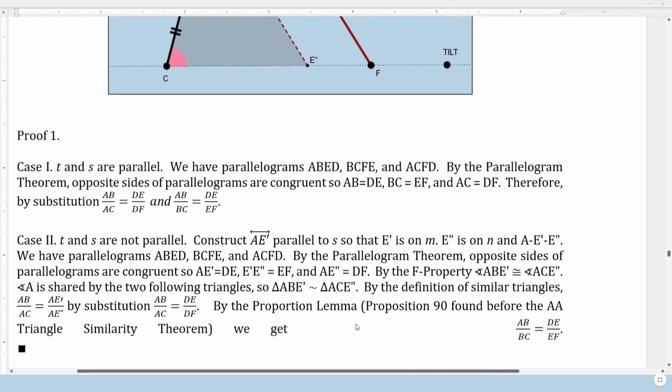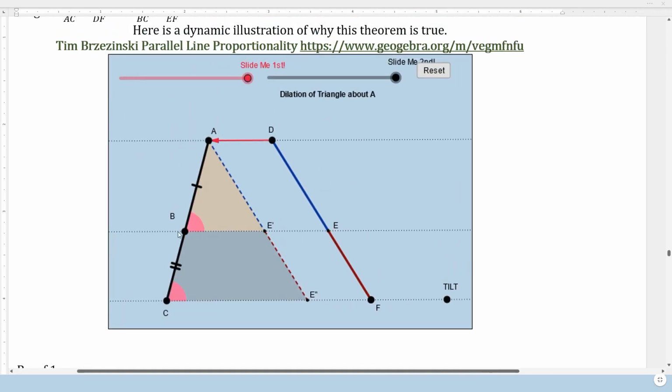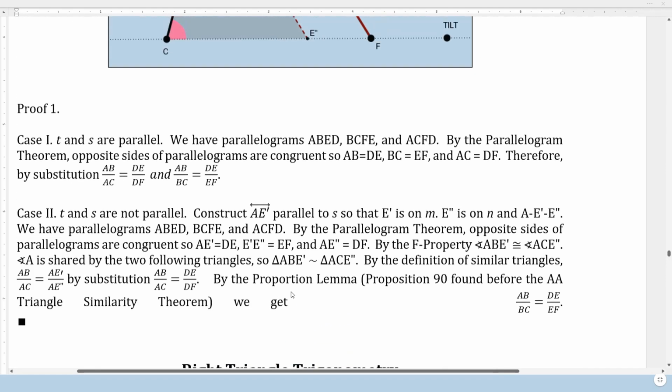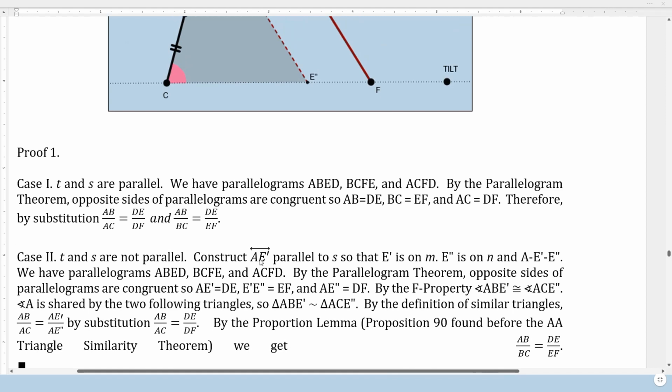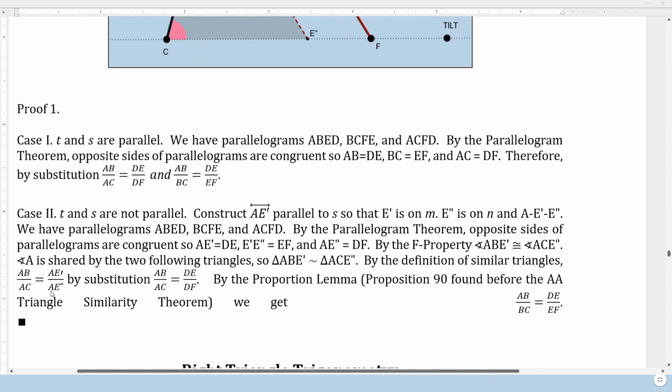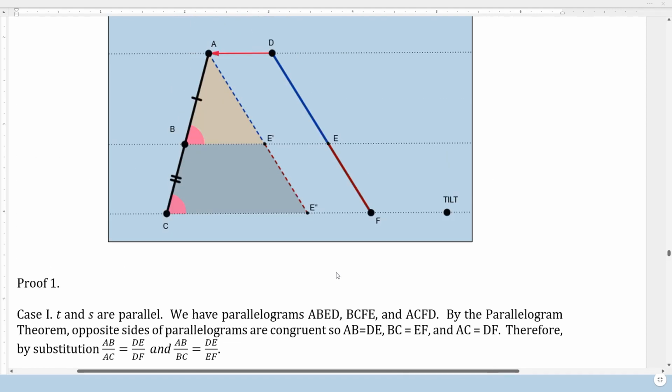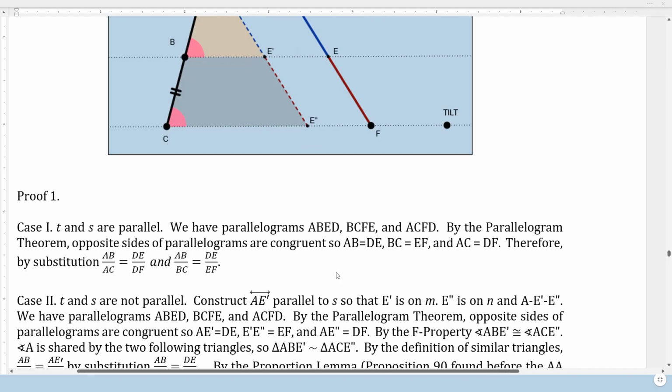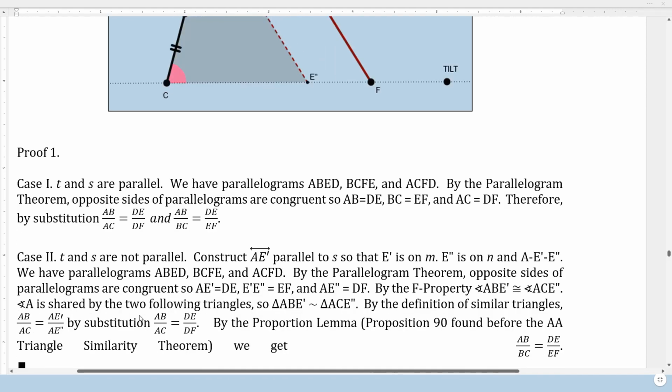And of course, then what does that mean? That means that corresponding sides are proportional. So AB over AC is equal to AE prime over AE double prime, which is what I have right here. Yeah, that's what I've got right there. But now we can substitute. What do we have?